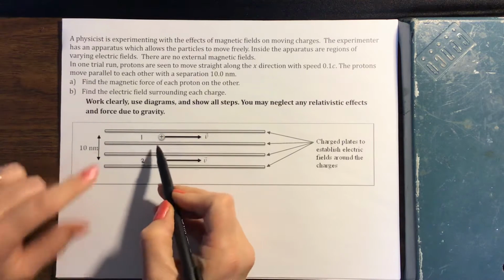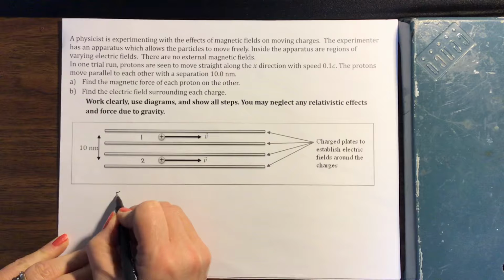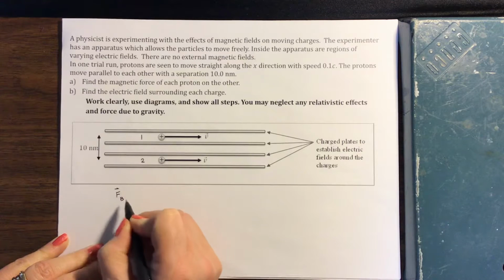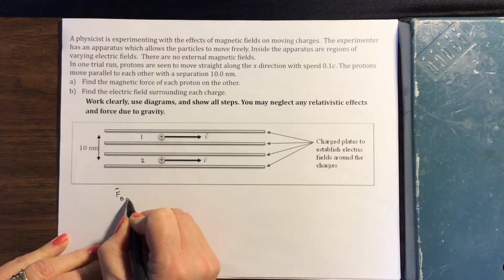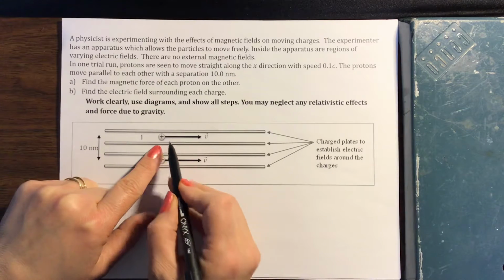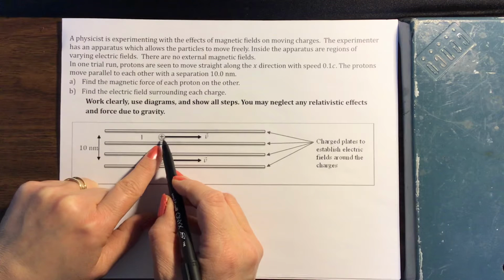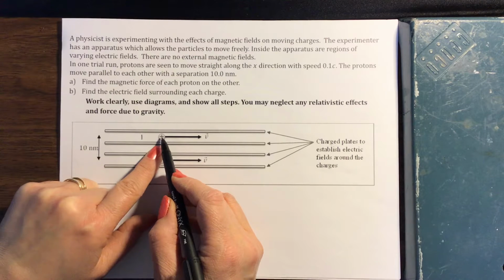Find the magnetic force. Let's start with finding the magnetic force on the upper proton, the top proton. So the magnetic force on 1. Why does this experience a magnetic force? Well, it's a moving charge, so we know that only moving charge experiences magnetic forces. It must be sitting in a magnetic field. What makes that magnetic field?